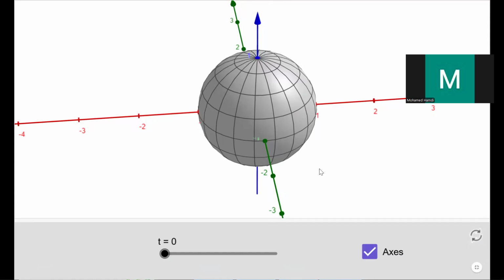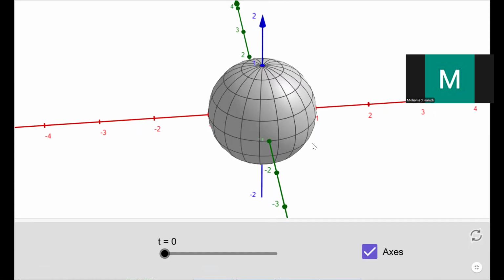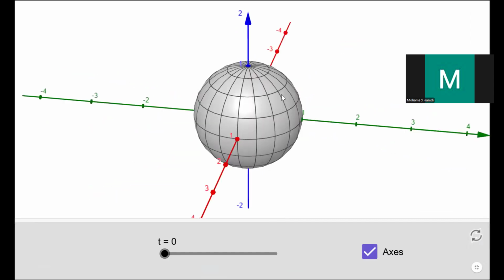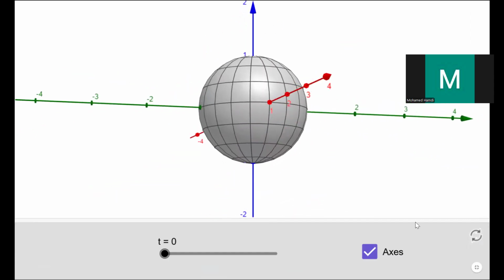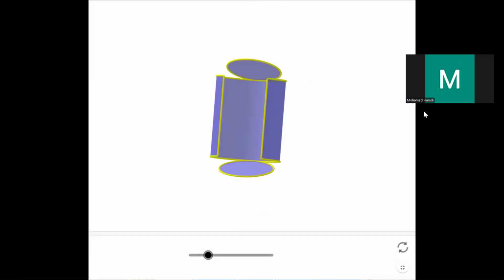Now we're going to talk about another shape which is called a sphere. The sphere has only one curved face, no vertices, no edges. The next shape is called a cylinder. The cylinder has three faces.